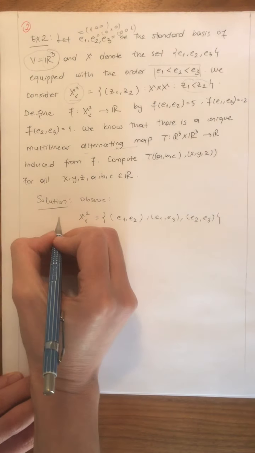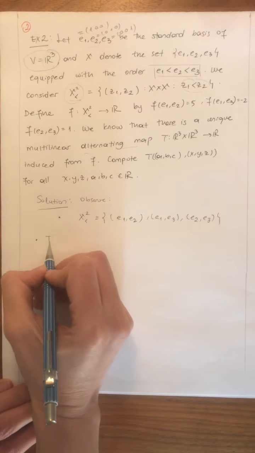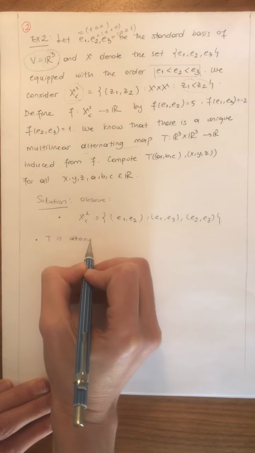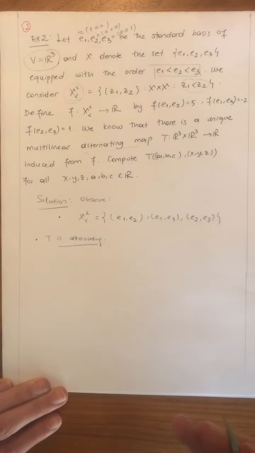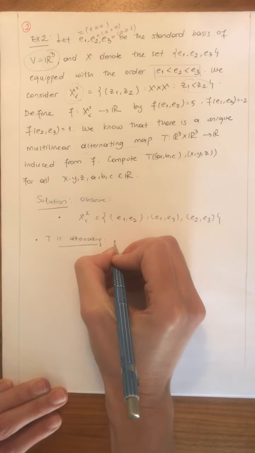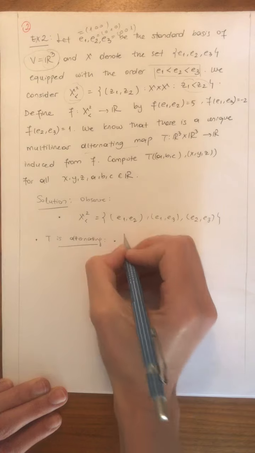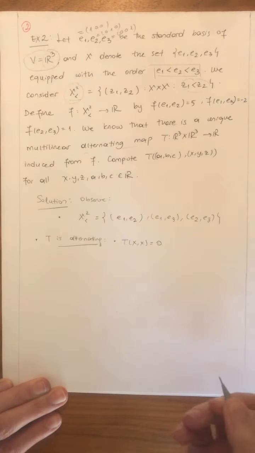And the other information is that T is alternating. So alternating means that first, whenever we have two equal entries in two different positions, we get 0.